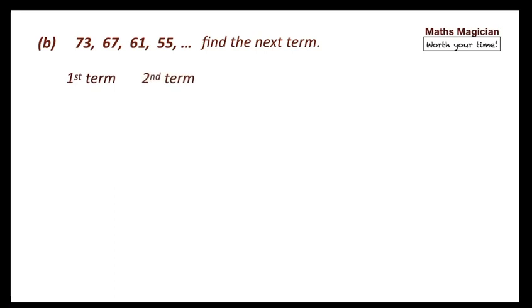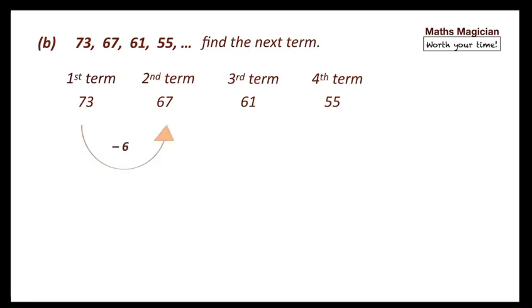Second number sequence: for this sequence, find the next term. We write the sequence again with its term numbers in a diagram form. When you subtract 6 from first term, you get second term. Again, when you subtract 6 from second term, you get third term, and so on.